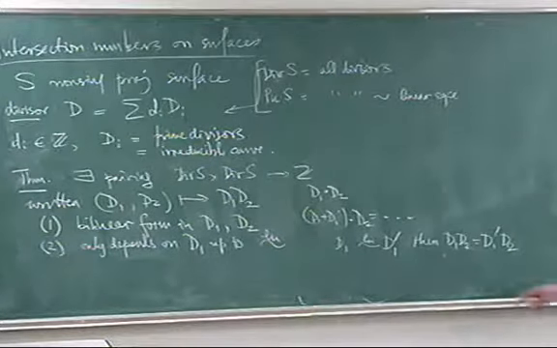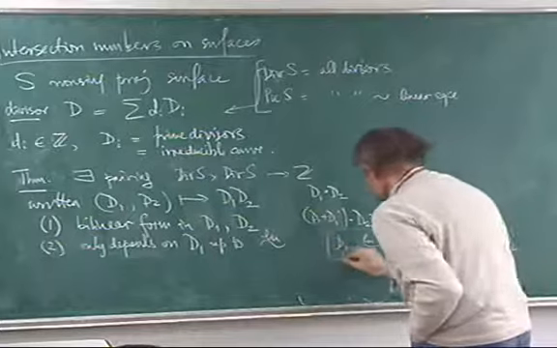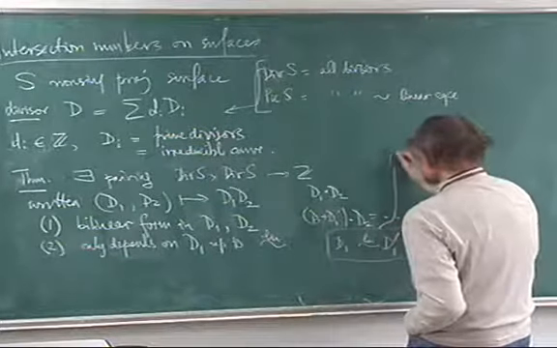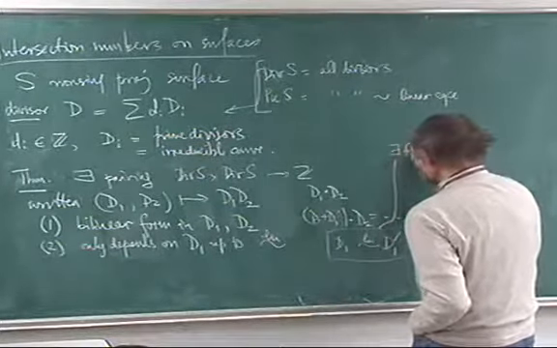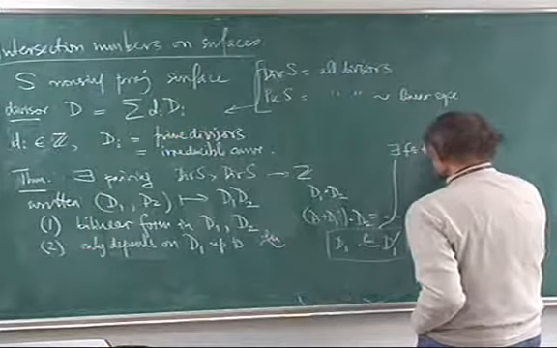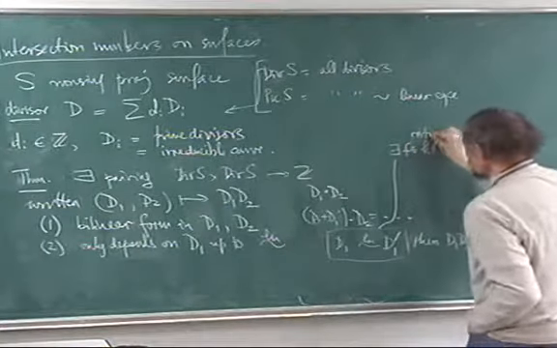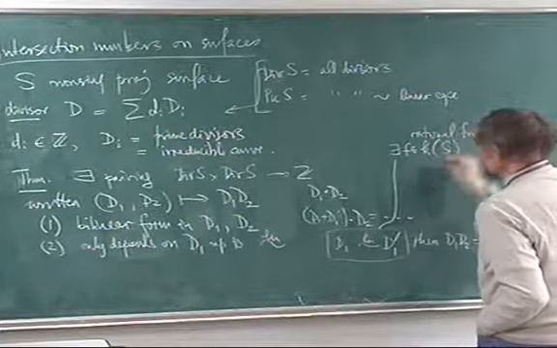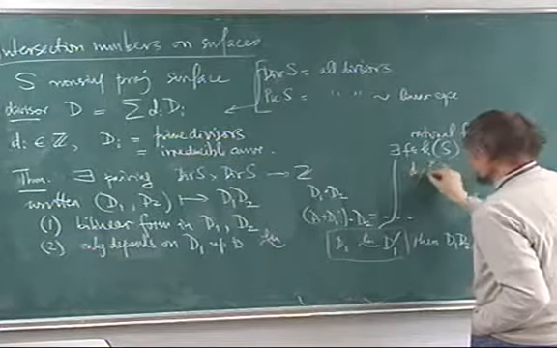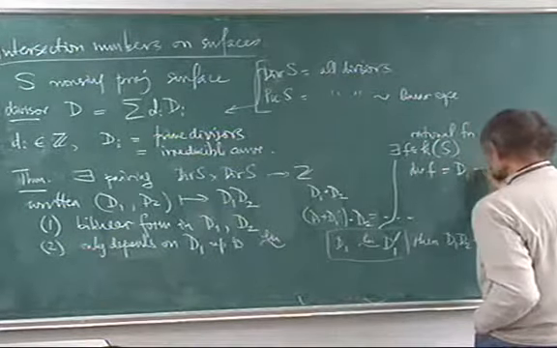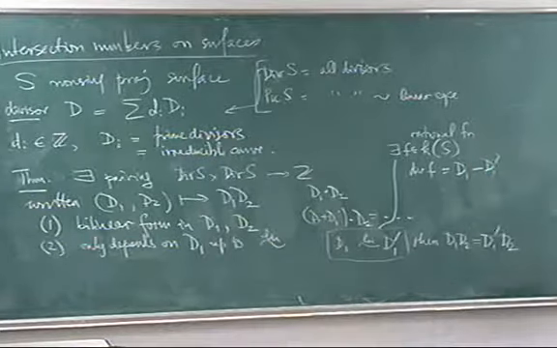Okay, so linear equivalence means that there exists a function f in K(S), a rational function, with divisor of f equal to D1 minus D1 primed.